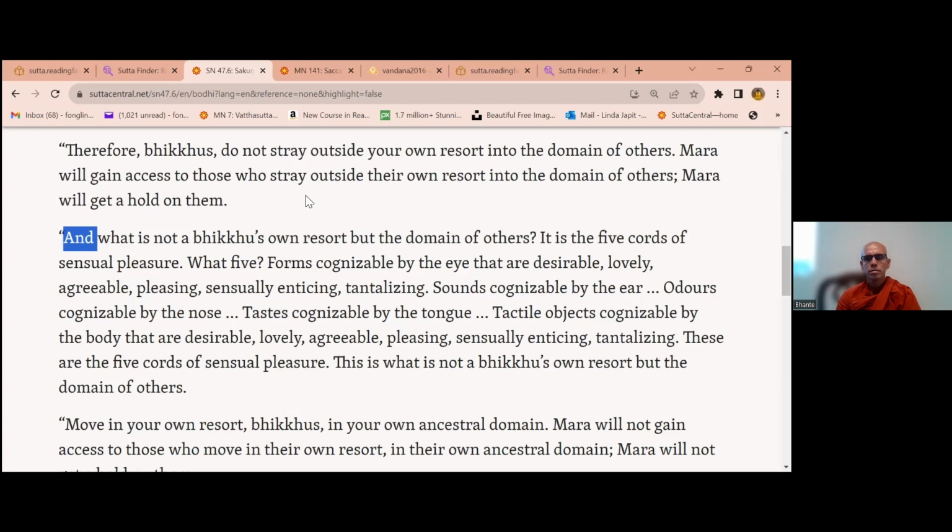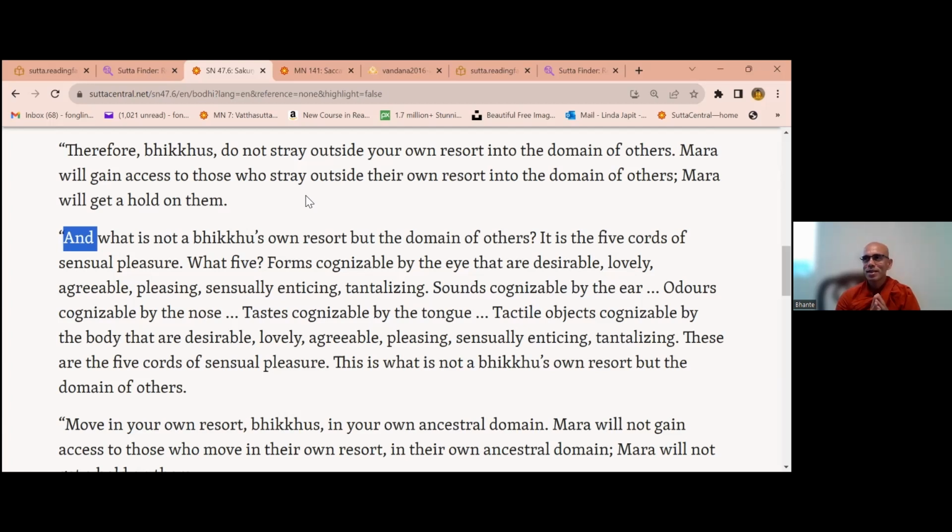Odors cognizable by the nose. Tastes cognizable by the tongue. Tactile objects cognizable by the body that are desirable, lovely, agreeable, pleasing, sensually enticing, tantalizing. These are the five cords of sensual pleasure. This is what is not a bhikkhu's own resort, the domain of others.